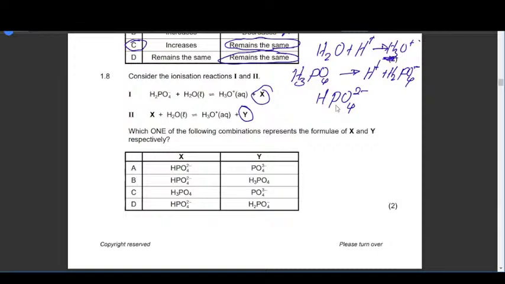Now, it ionizes again, right? It gives out 1 hydrogen. So now it means that this is going to become 2, and then the number of hydrogens is going to become 1. And if it ionizes again, it's going to become -3.